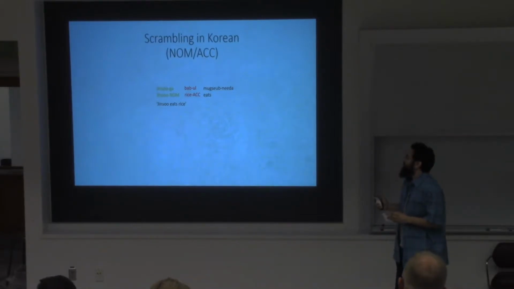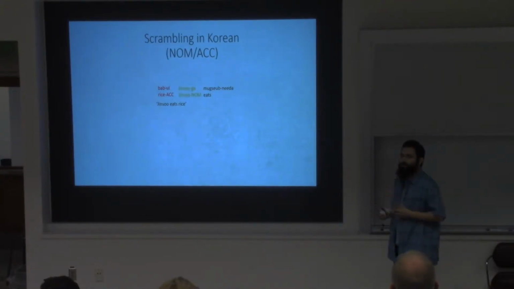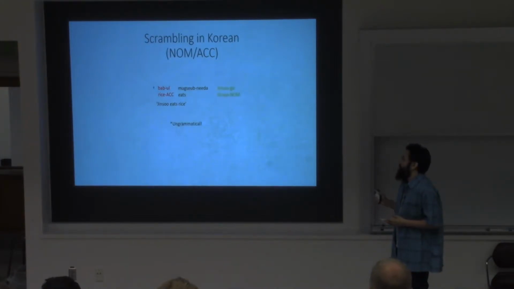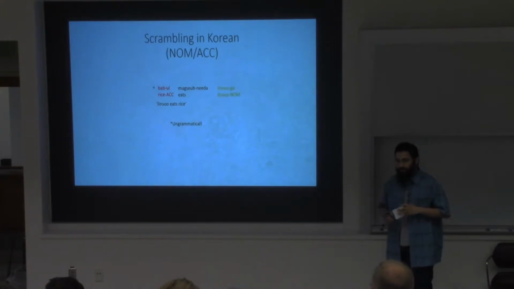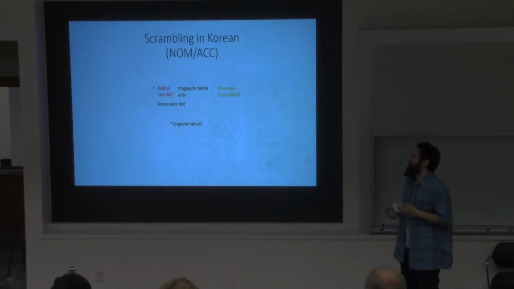So in Korean, you can switch the subject and object and it will still mean Jinsu eats rice. However, if you try to move the verb, it becomes ungrammatical. So in Korean, there is some evidence of scrambling, but it is limited. So that is possible evidence of case marking.